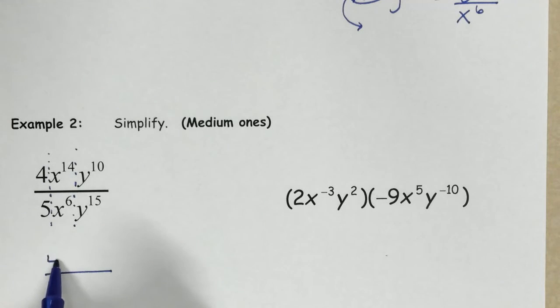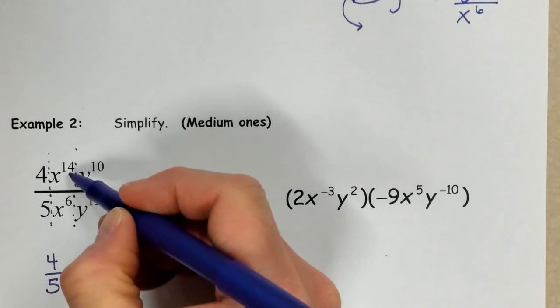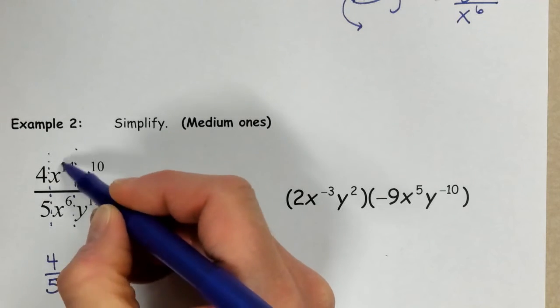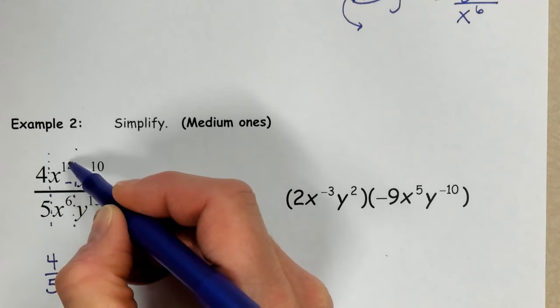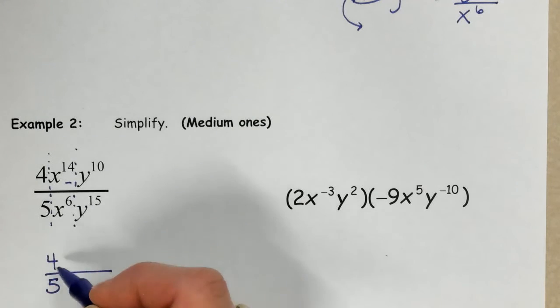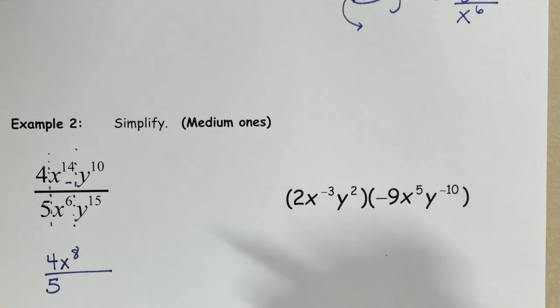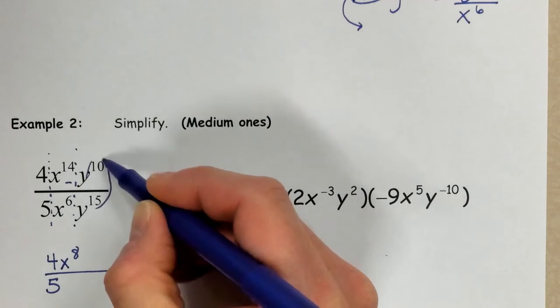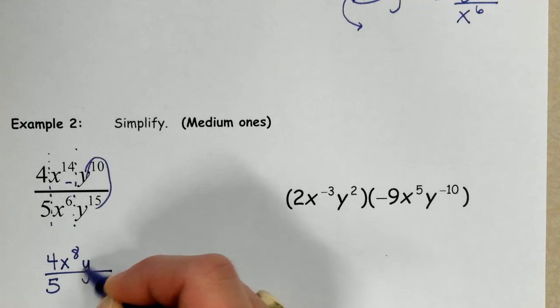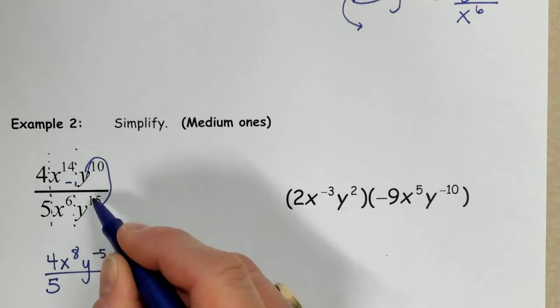No. We have bases the same, so we should subtract the exponents. So 14 minus 6, the answer to that subtraction will be on the top of the fraction in the numerator. And then y's, the bases are the same, so we should subtract. So it'll be y to the negative 5, 10 minus 15.